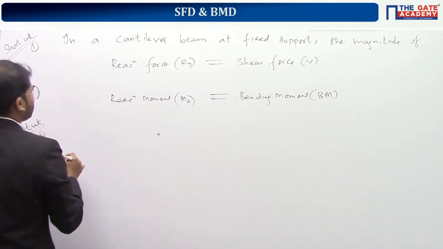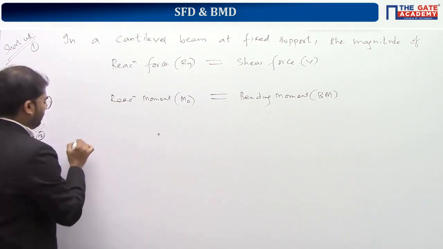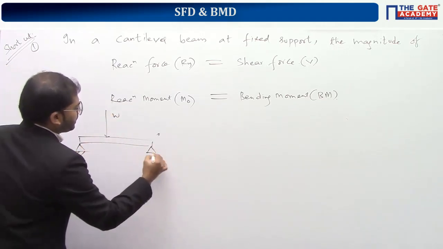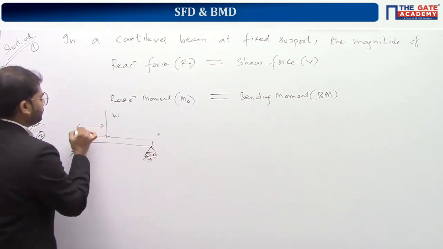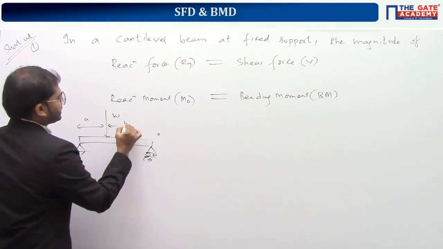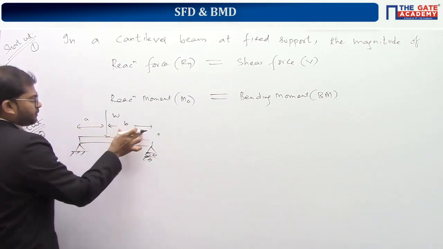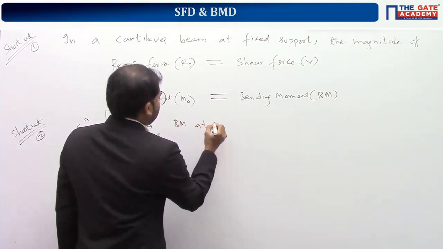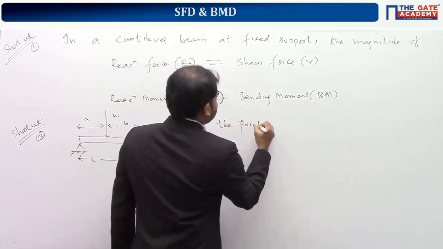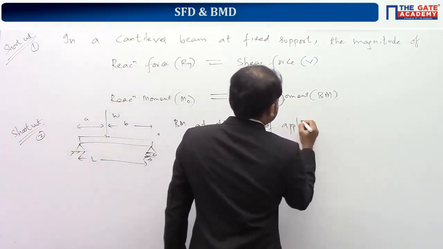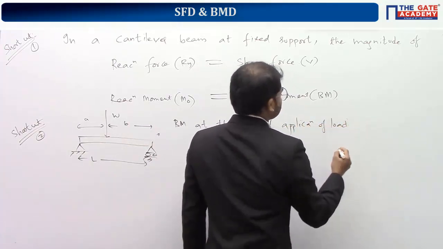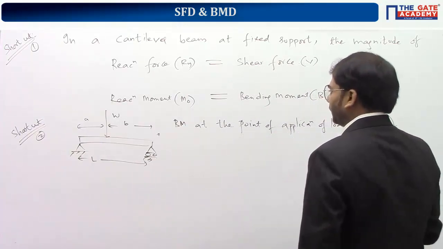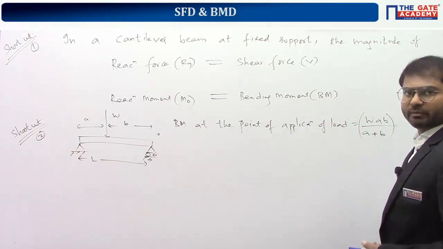Another shortcut I am giving, it is not that significant, but still you can remember. If you have a cantilever beam, sorry, not cantilever beam, a simply supported beam having a point load W at a distance of A, and this is B. So total A plus B is equal to L. So bending moment at the point of application of load is given by WAB by (A plus B).